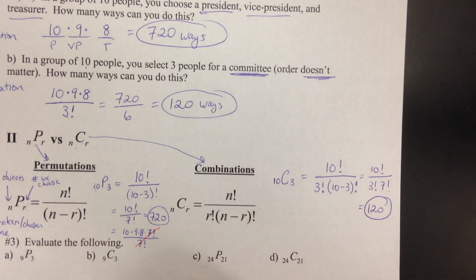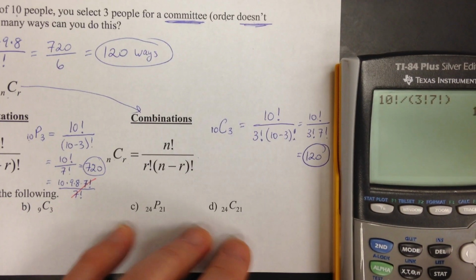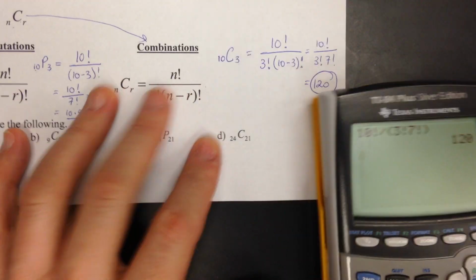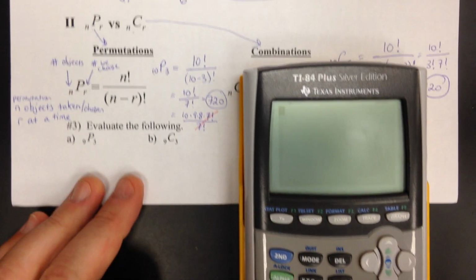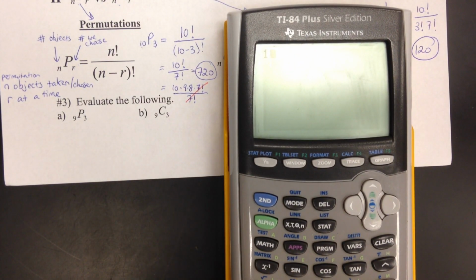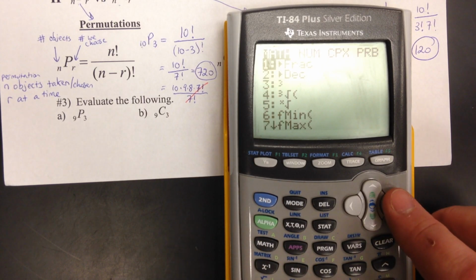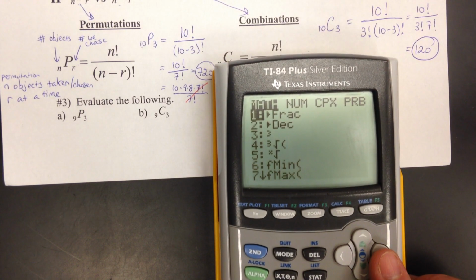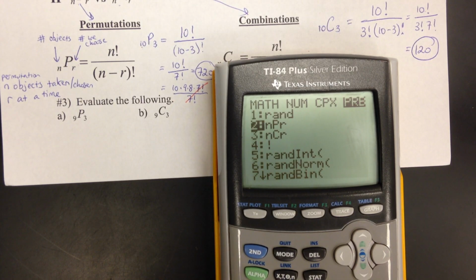Now to be honest with you, there's a faster way of doing this. You can actually do this with the calculator. Let me show you this. I'm going to type 10. Now, if I hit the math button and we go over to PRB, notice that number 2 says nPr. I'm going to select that.